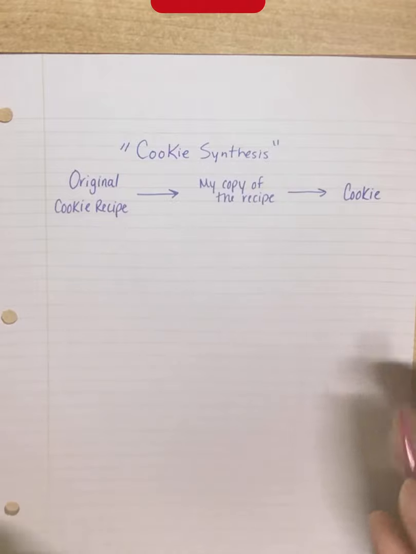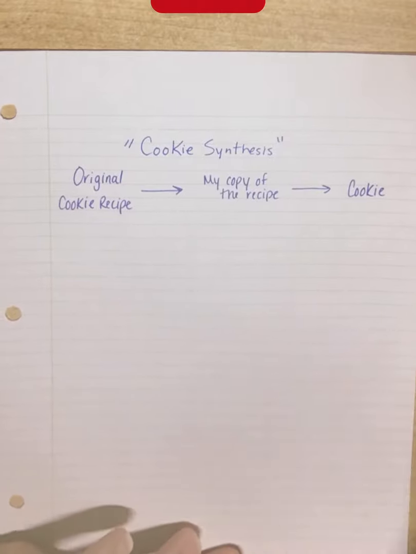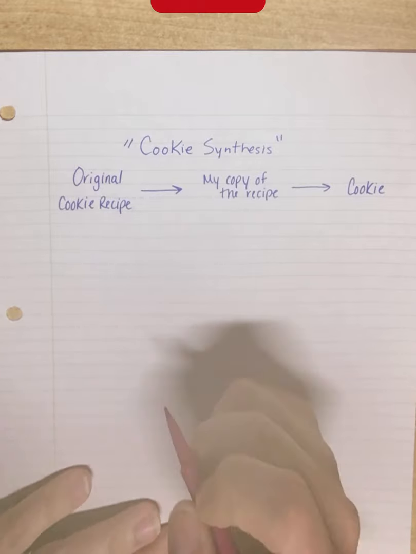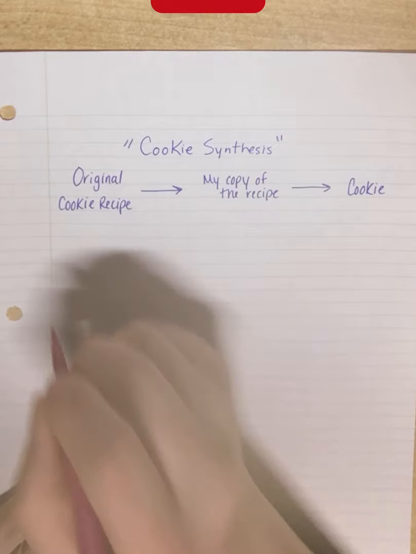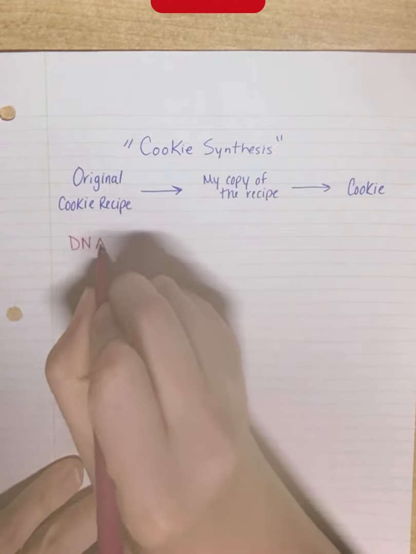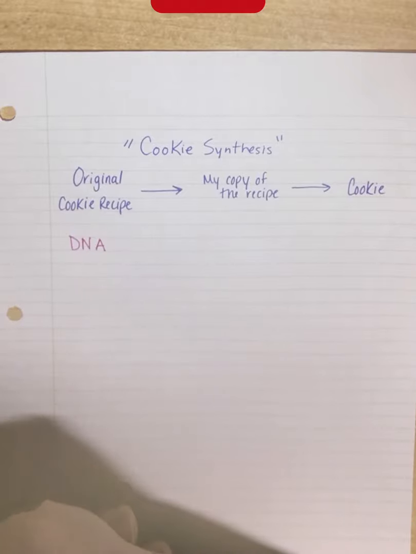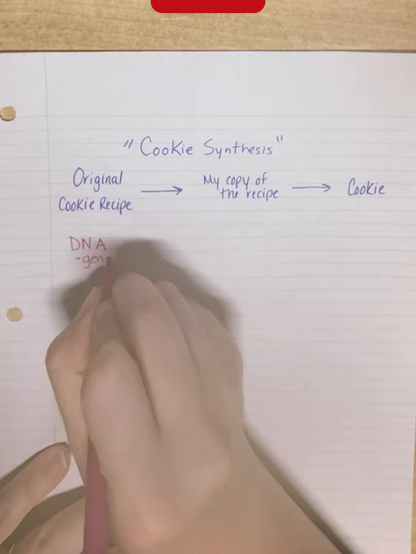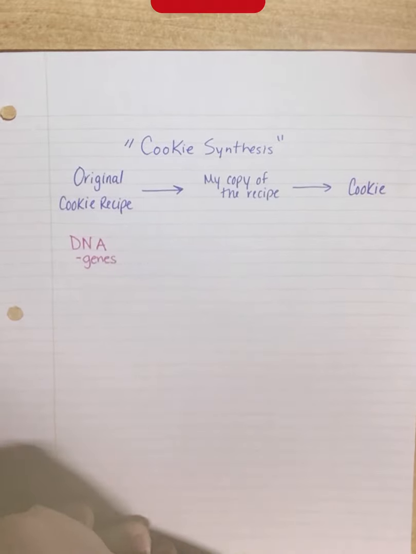Just like the original cookie recipe, your cell has an original recipe for making all of your proteins or all of your physical traits. That original recipe is what we call DNA. And specifically, the parts of the DNA that give us the instructions are called genes.